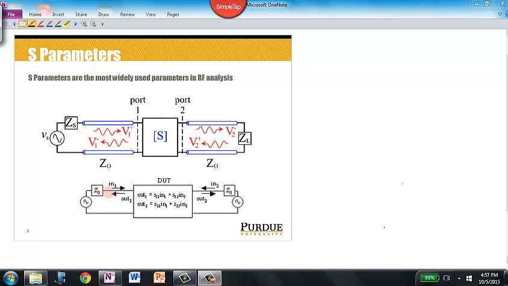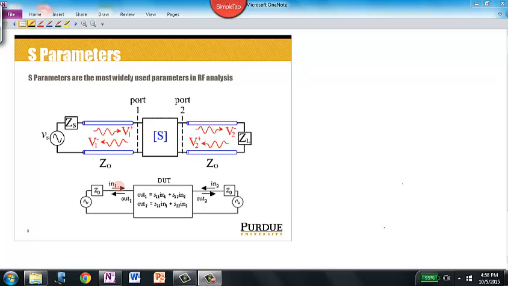It doesn't have to be 50 ohms, but in most applications it will be. We just have to impedance match the cable to the generator impedance, whatever the input impedance and output impedance of the vector network analyzer is.